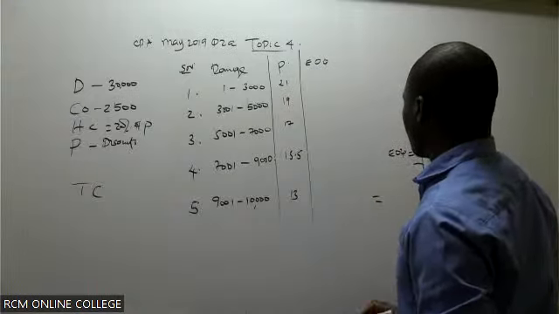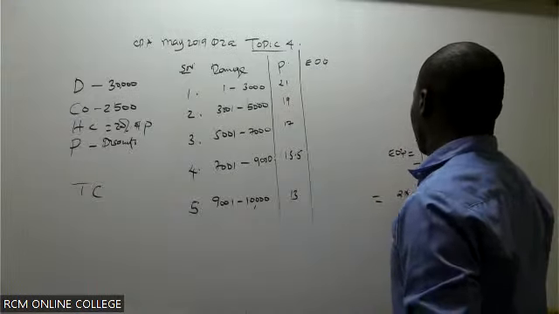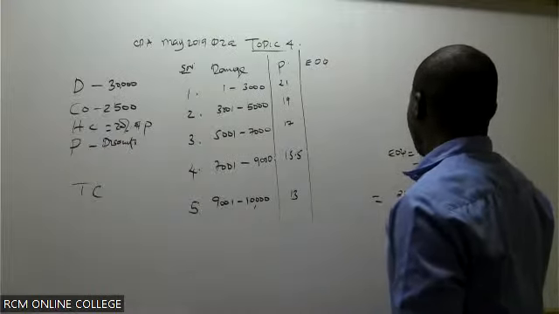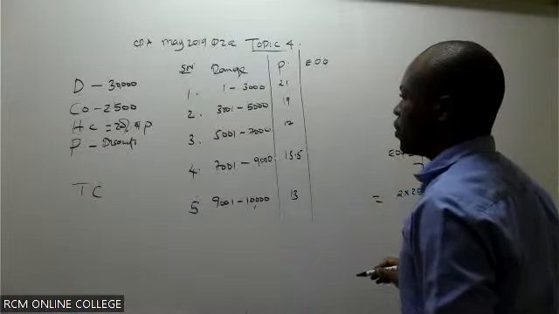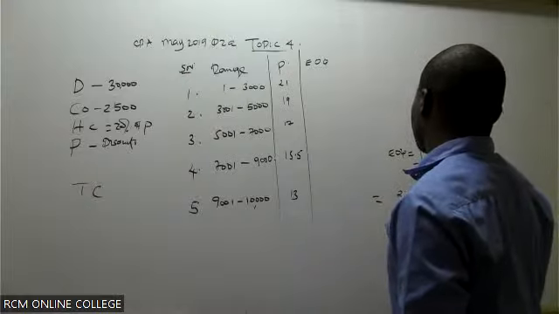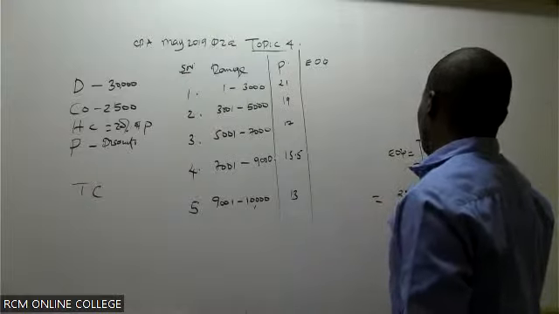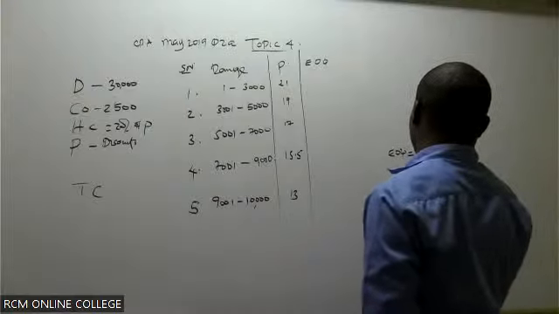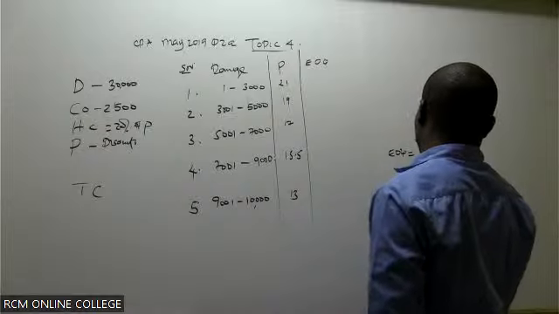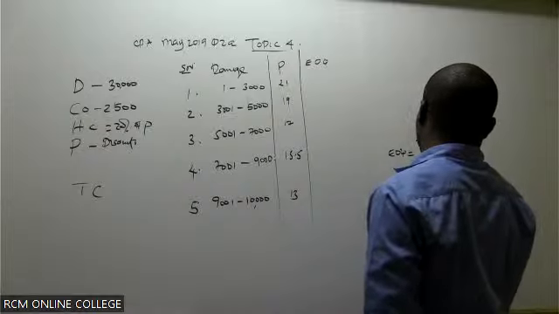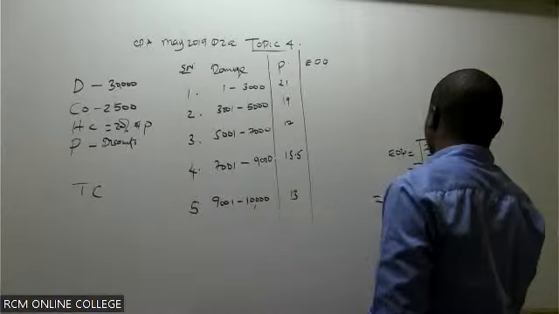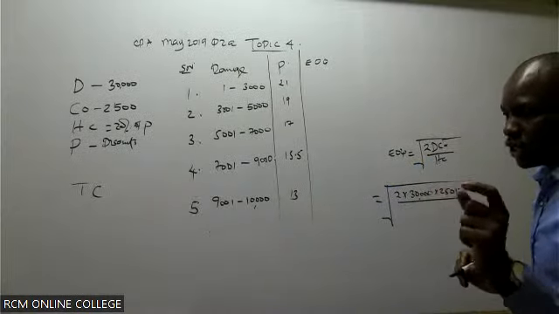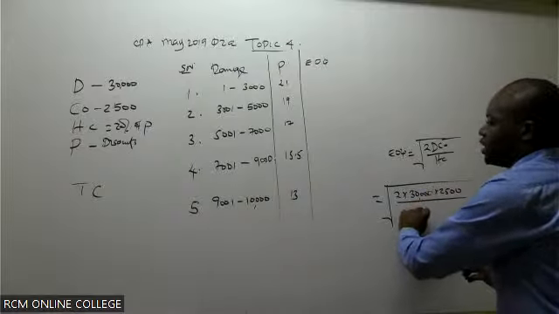Our model will be 2 times demand, which is 30,000, times ordering cost, which is 2,500, the whole of it. Look at this model: the numerator will not change. It is the denominator that is going to change.